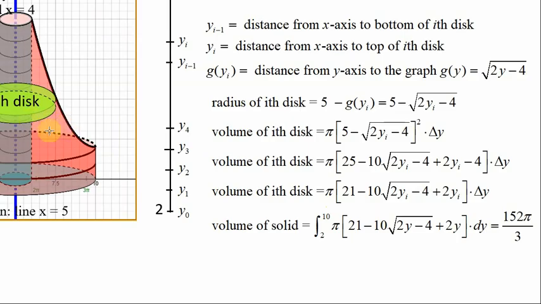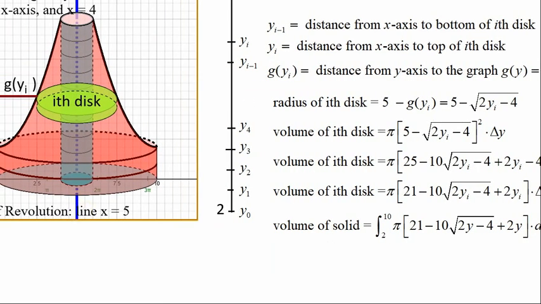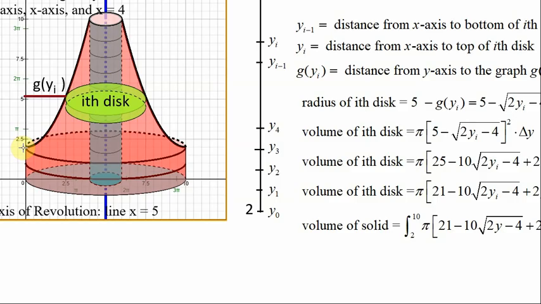Again, if we want the exact volume for this bell right here, then we have to divide it into an infinite number of disks. And then just like before, it becomes the integral from 2 to 10, which is from here to here.